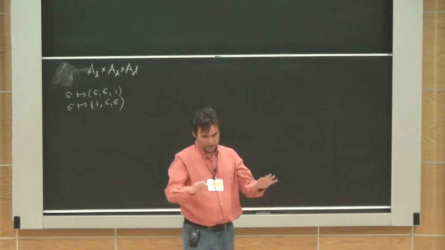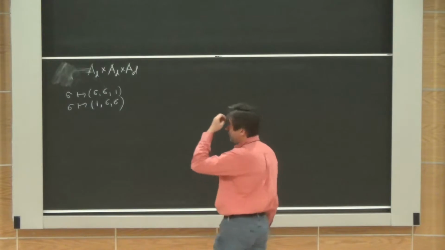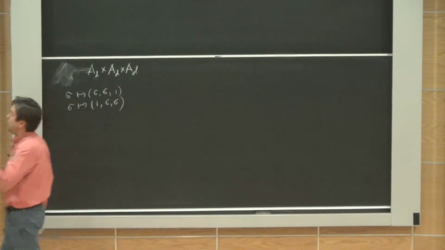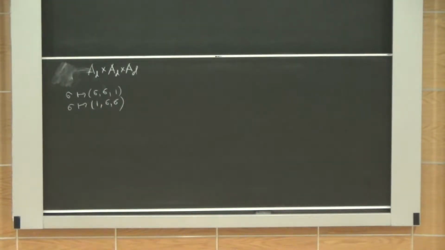You look at the action on these three pieces. If you have a permutation in the first alternating group, it acts as that permutation on pieces number 1 and 2, trivially on 3. And if you take a permutation in the other group, it acts as that permutation on 2 and 3 and trivially on 1.